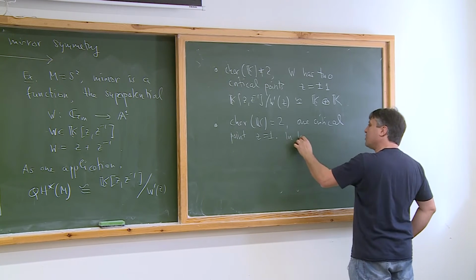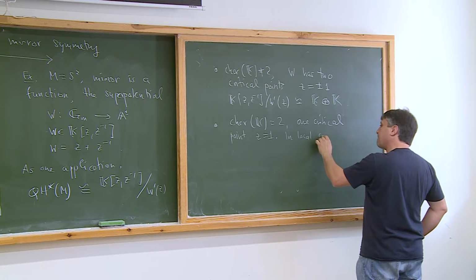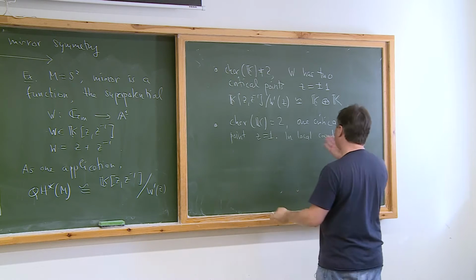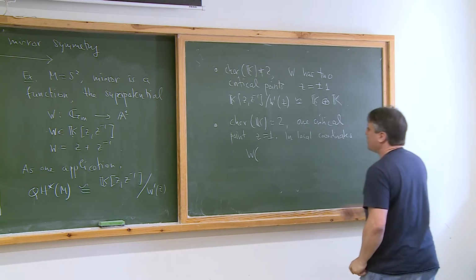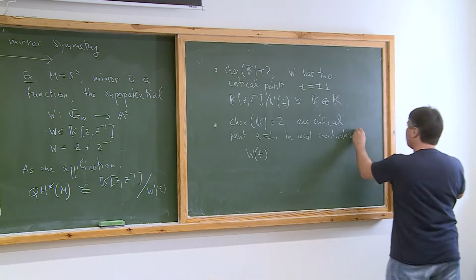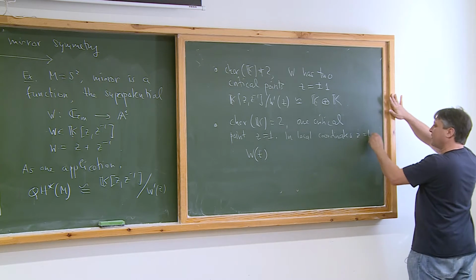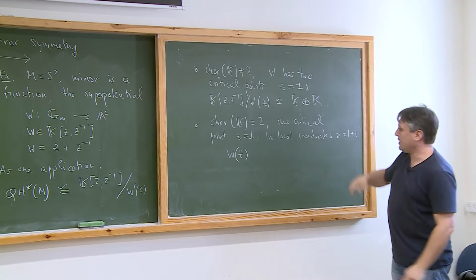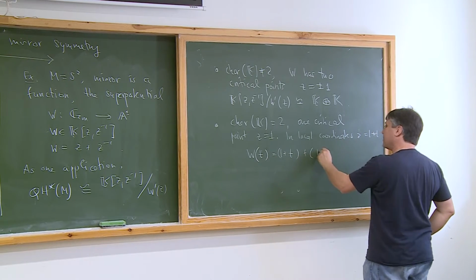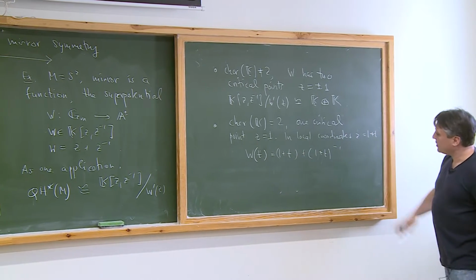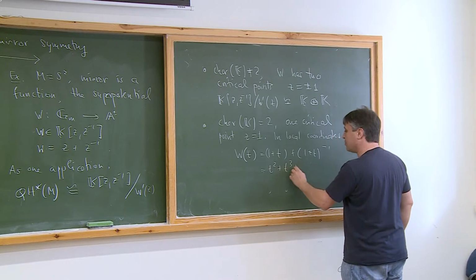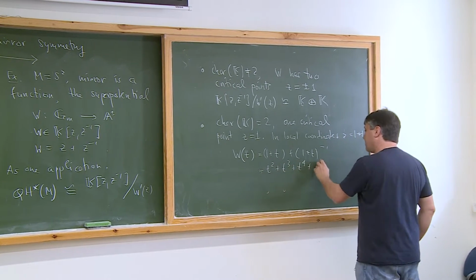And in local coordinates, let's say I do W of T, so T, Z is 1 plus T. It's 1 plus T plus 1 plus T inverse, which you expand in a geometric series, and it gives you T squared plus T cubed plus T to the 4 plus T to the 5.